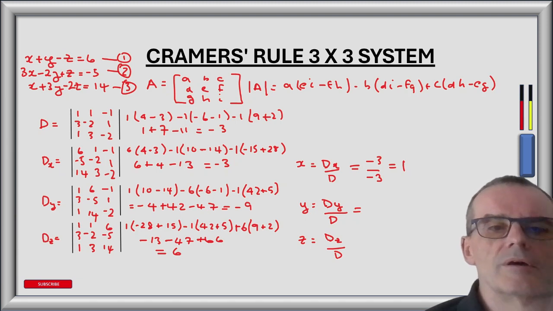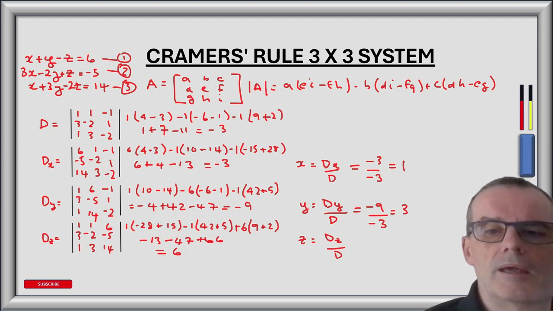The determinant of y we calculated as minus 9 divided by the determinant of the coefficient matrix, which is minus 3. So minus 9 divided by minus 3 is 3. And then for z, the determinant of z, which is 6, divided by the determinant of the coefficient matrix, which is minus 3. So z is equal to 6 divided by minus 3, which is minus 2.